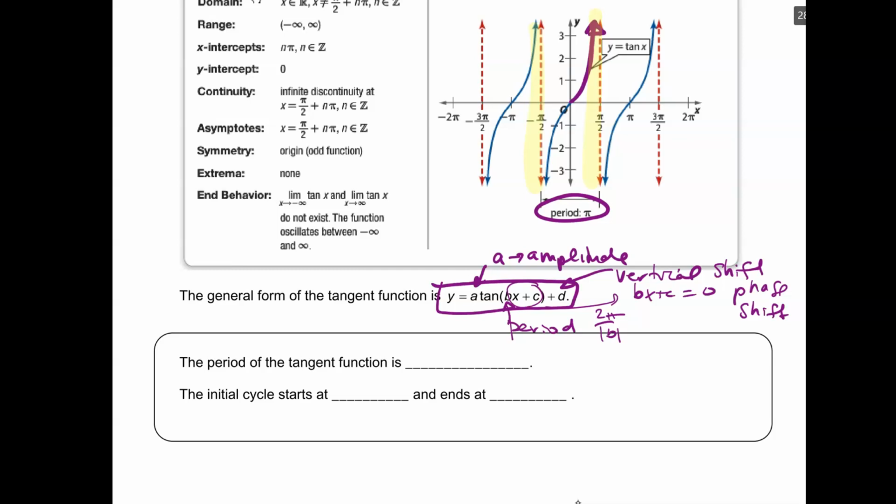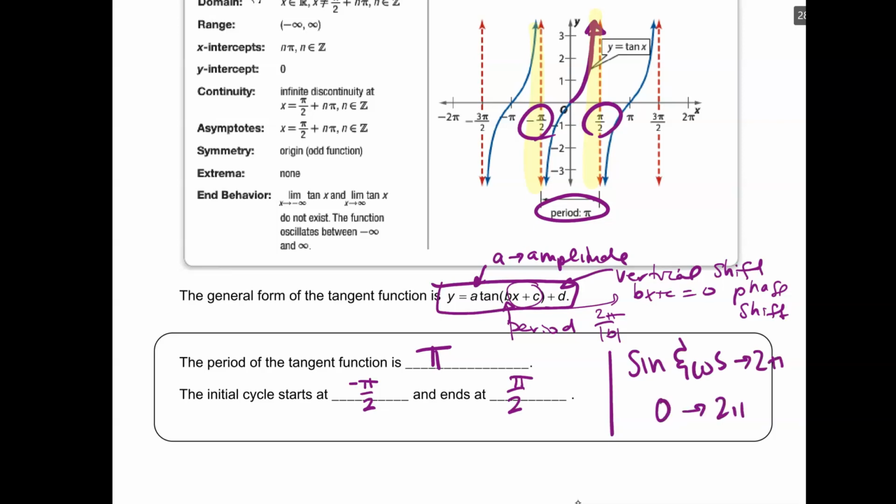The difference for tangent is that the period is pi, not 2 pi. The initial cycle, notice the way I highlight, starts at negative pi over 2 and ends at pi over 2. This is in comparison to sine and cosine, which have a period of 2 pi and start at 0 and go to 2 pi, versus tangent, where we start at negative pi over 2 and go to pi over 2.